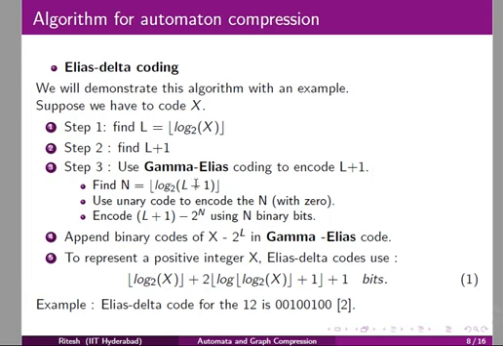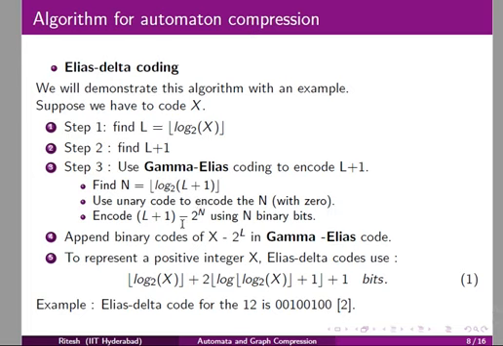Here, what is Elias gamma coding? We find n as the floor of log base 2 of L plus 1. Here L is 3, so L plus 1 is 4, and we find n equal to 2, and use unary code to represent n. So n is 2, which is represented as 0 0 1 in unary code.